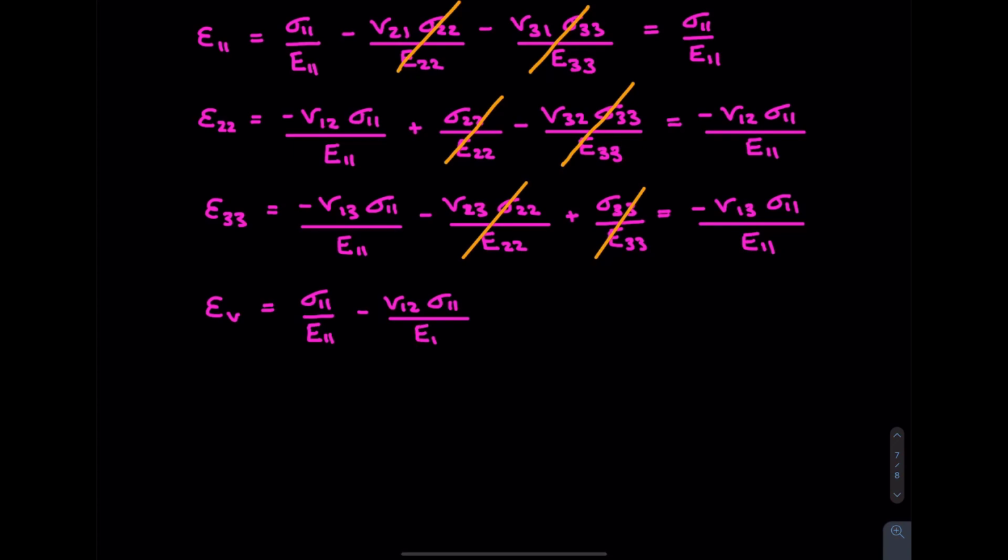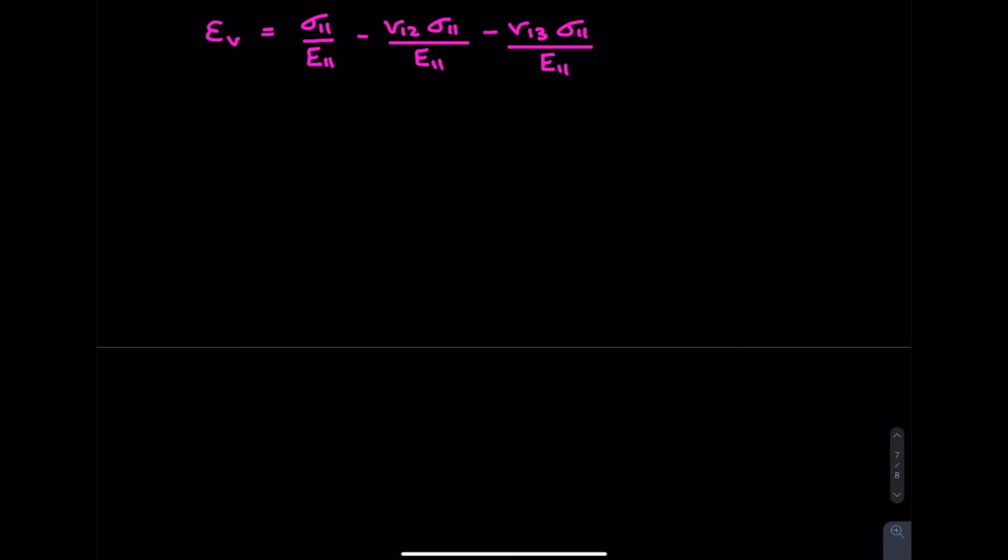So as you guys will see, just like before, we're starting to get a lot of E 1s and sigma 1s. And finally, we're subtracting epsilon 3, which is the Poisson's ratio 1 times sigma 1, all divided by E 1. So I'm just going to scroll down a little bit more to give me some more room and just focus on this equation.